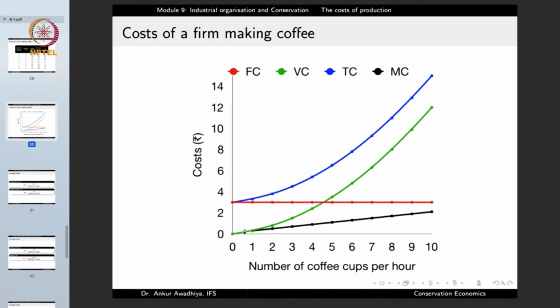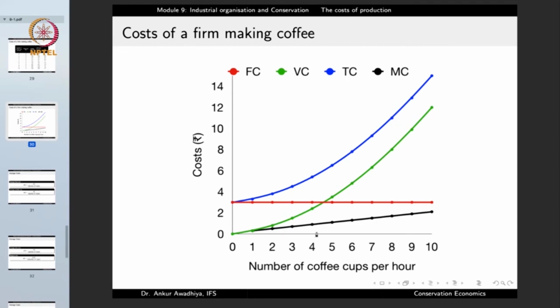So the variable cost goes on increasing. The total cost, because it is the sum of the fixed cost and the variable cost, will also increase, because fixed cost is the same, variable cost is increasing, and so total cost will also increase.